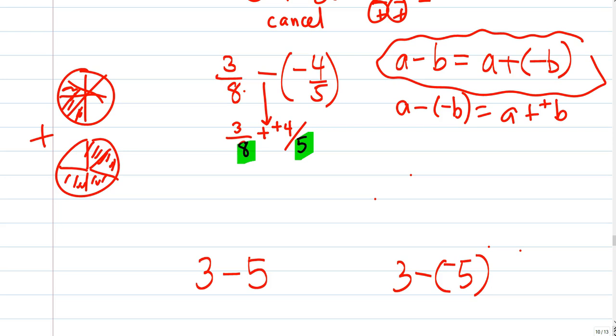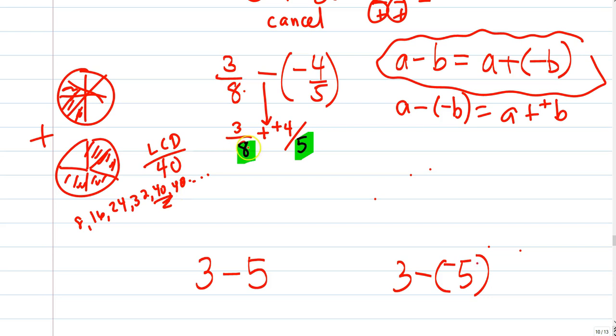So to make them the same size pieces, I give them a common denominator. The least common denominator of 8 and 5. If you're not sure, start listing multiples of 8: 8, 16, 24, 32, 40, 48, and I just keep going until I find something that 5 goes into as well. We could make them both a 40.